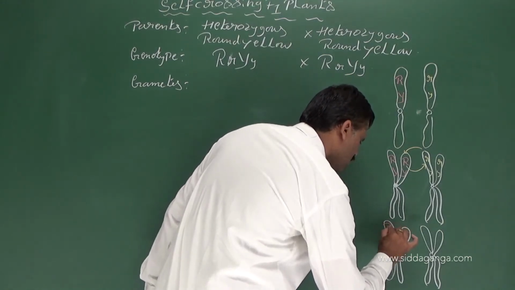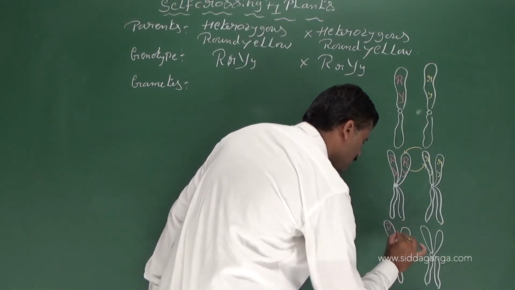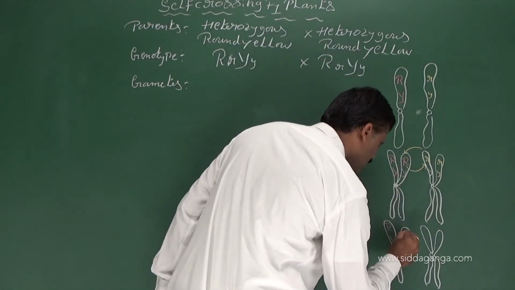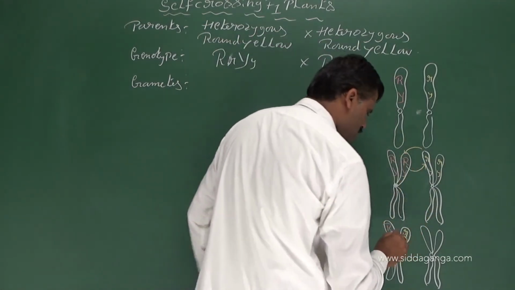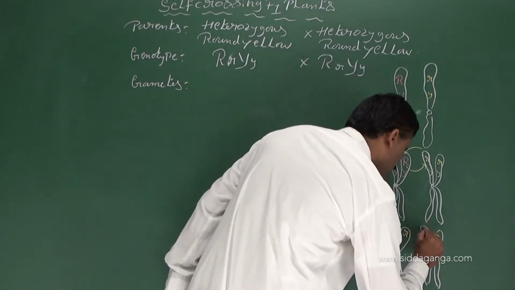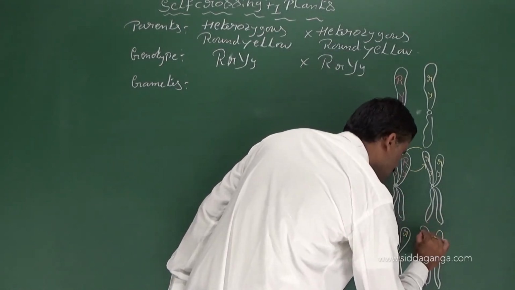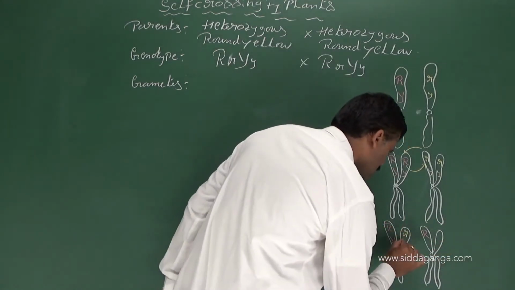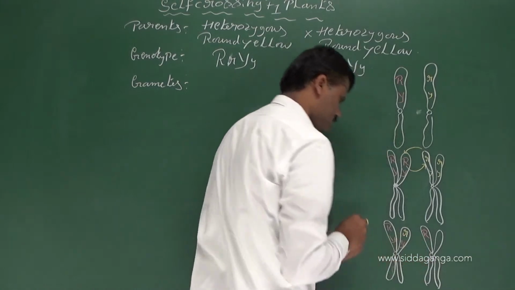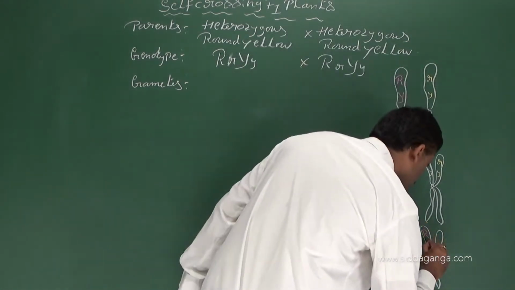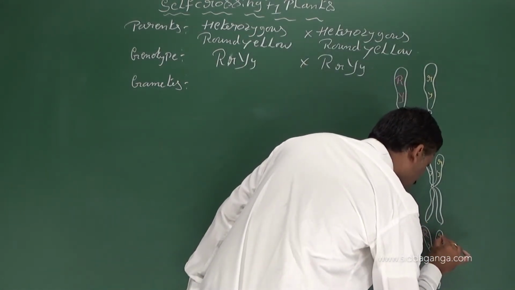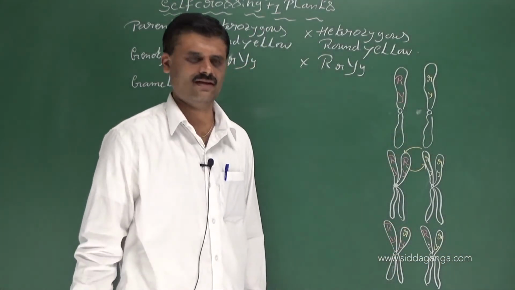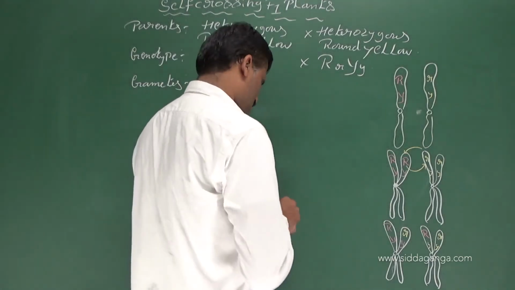See here, capital R, capital Y, but the small r came to these chromosomes. Capital R has gone to this chromosome, and capital Y, next small y, small r, small y, written similarly. Next, what happens?